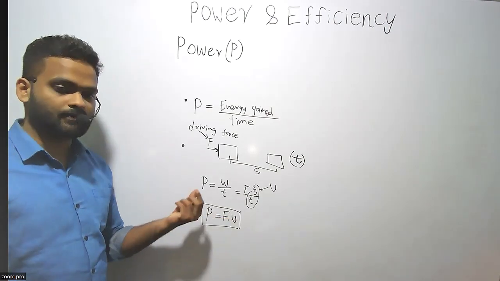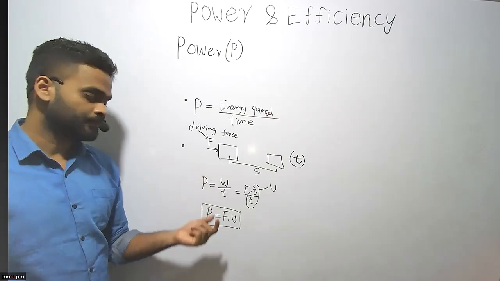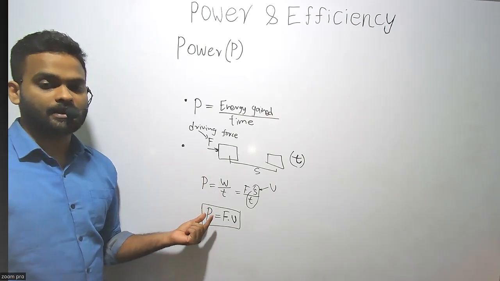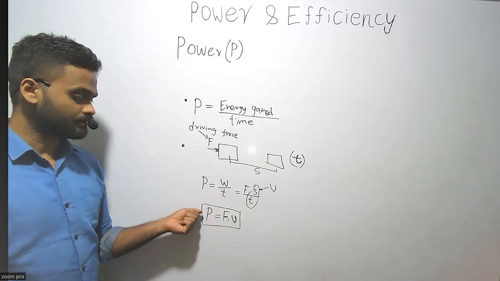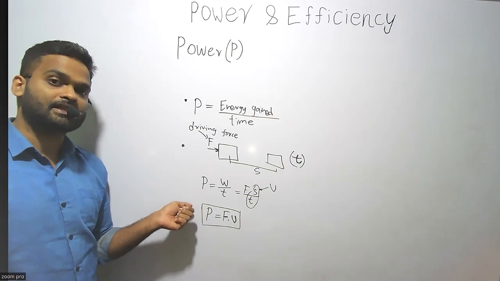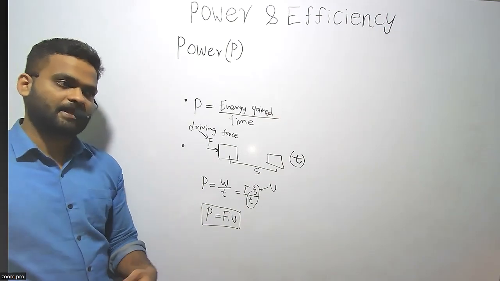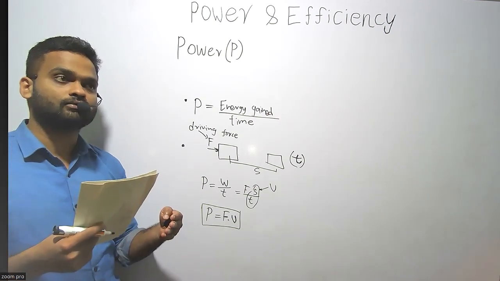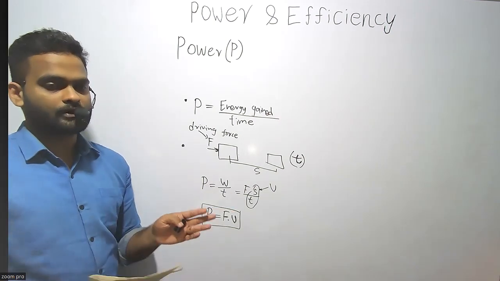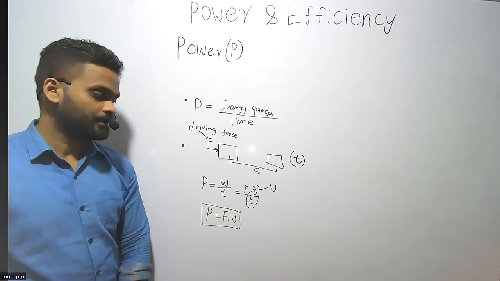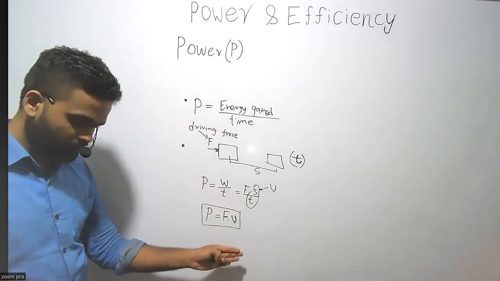V is the velocity at a moment. There are many questions you need to do using this equation as well. So those are the three main types of equations that you will need to use whenever you are solving problems, right? Okay, take everything down.